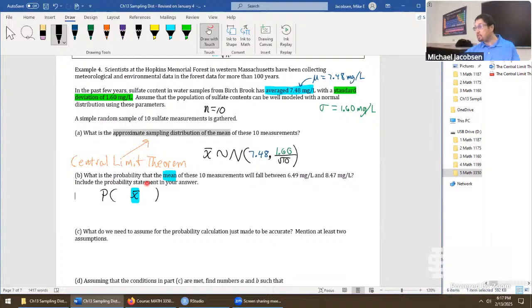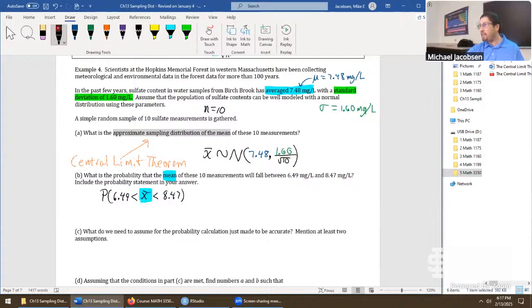We want to know what the probability that the mean of these 10 measurements will fall between those two values, 6.49 less than X bar less than 8.47.